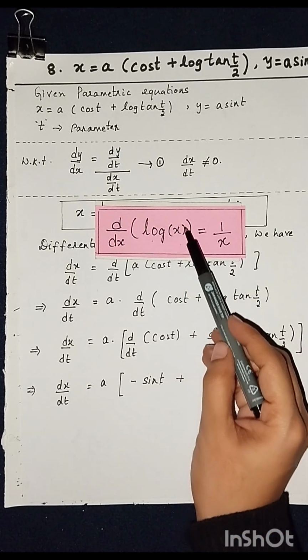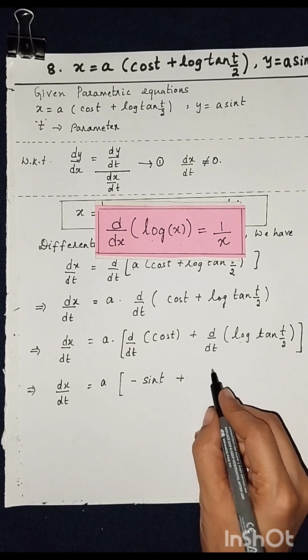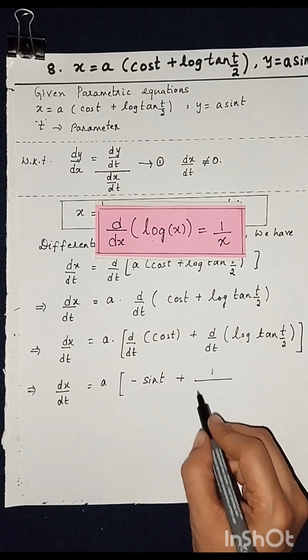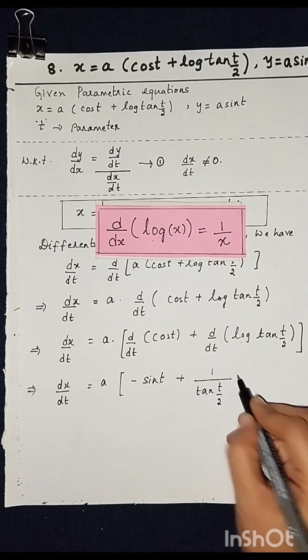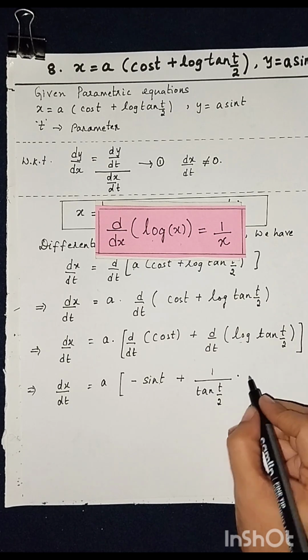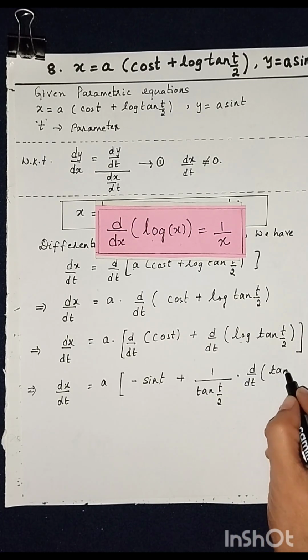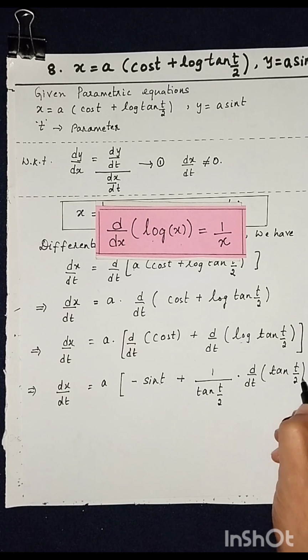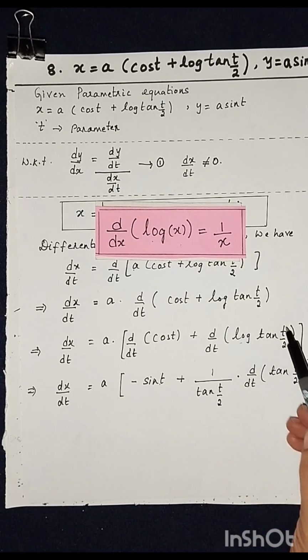Whatever is there after log comes in the denominator. So here we will write 1 divided by tan t by 2 into d by dt of tan t by 2. So we differentiated log, now we have to differentiate tan.